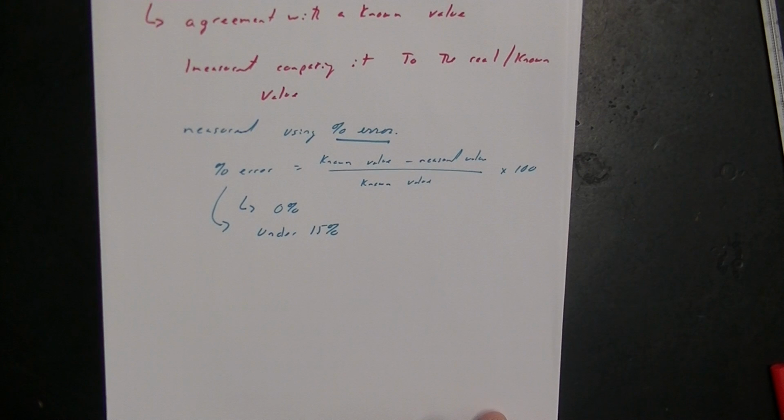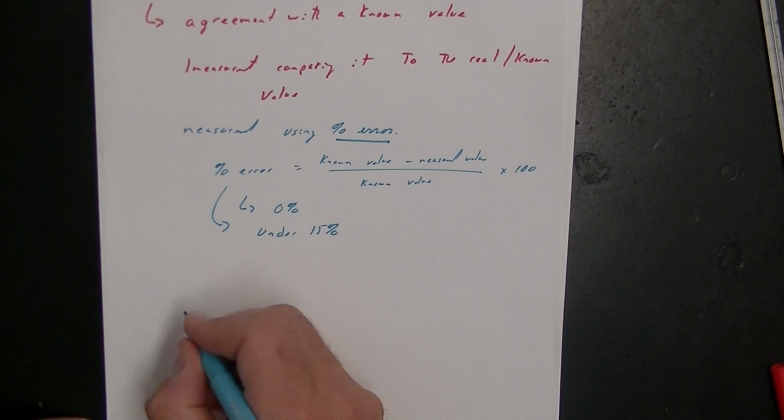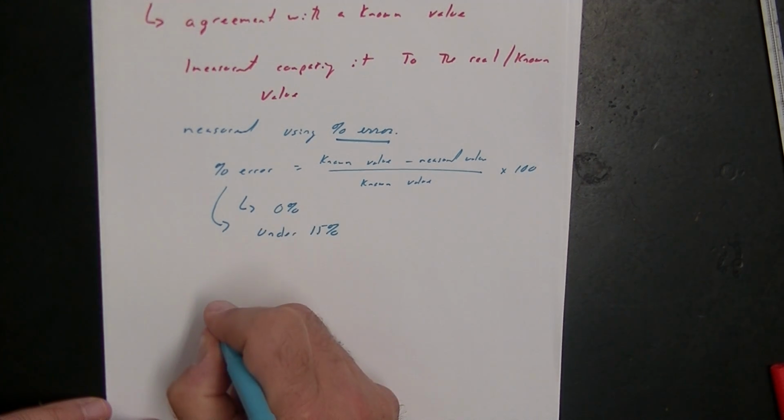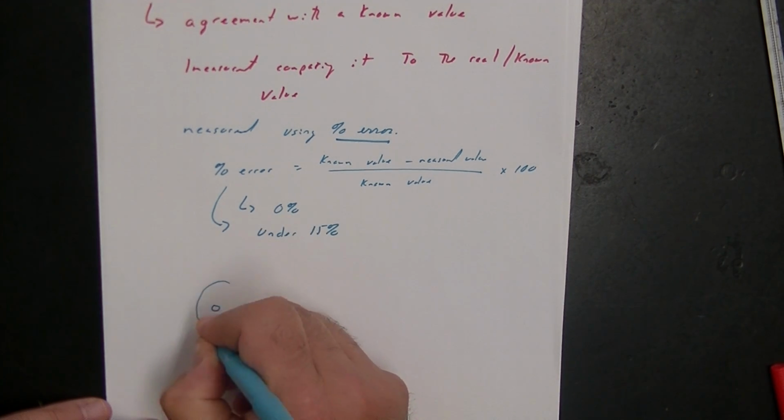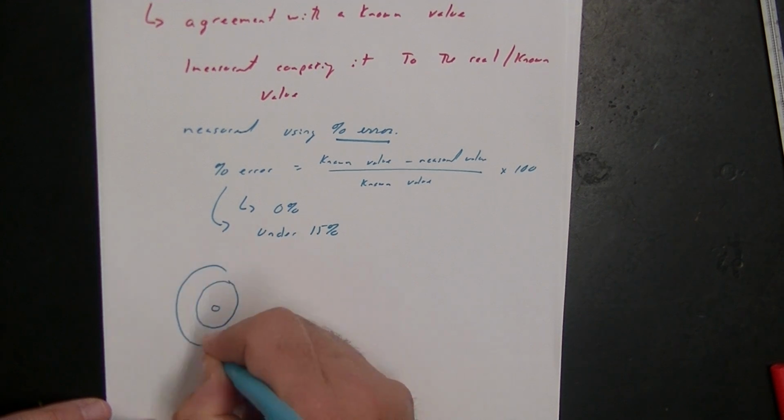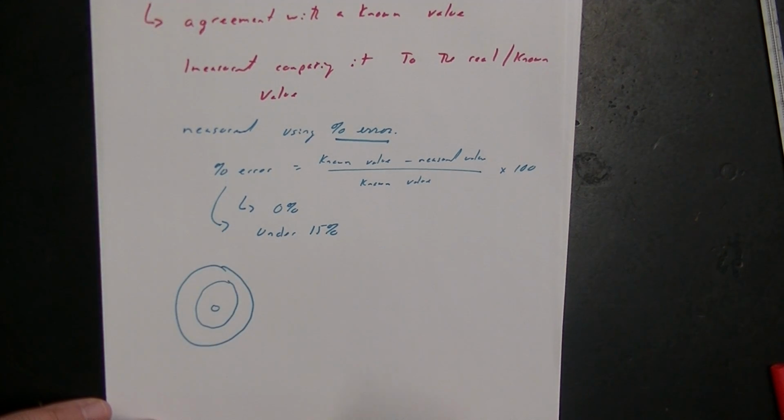Now, I don't know how many of you like to play darts. Well, let's say we have a dartboard. And I throw my darts, and I'm aiming for a bullseye.